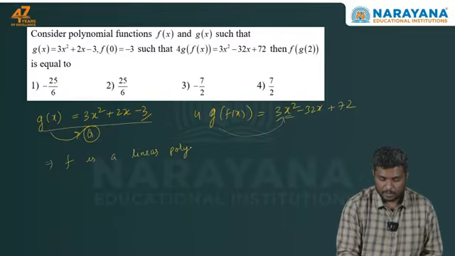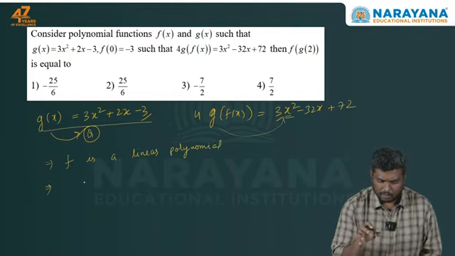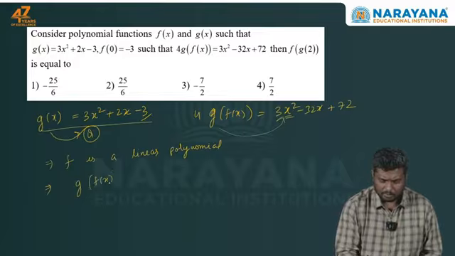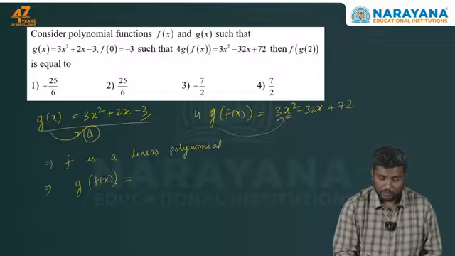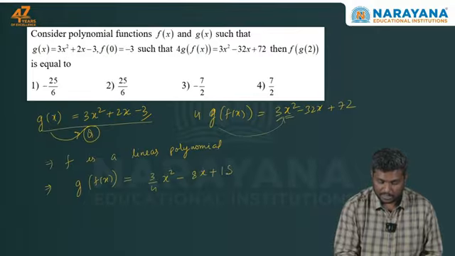It's a linear polynomial. And by very basic observation, you can definitely tell, g of f of x is 3 by 4 of x square minus 8x plus 18.